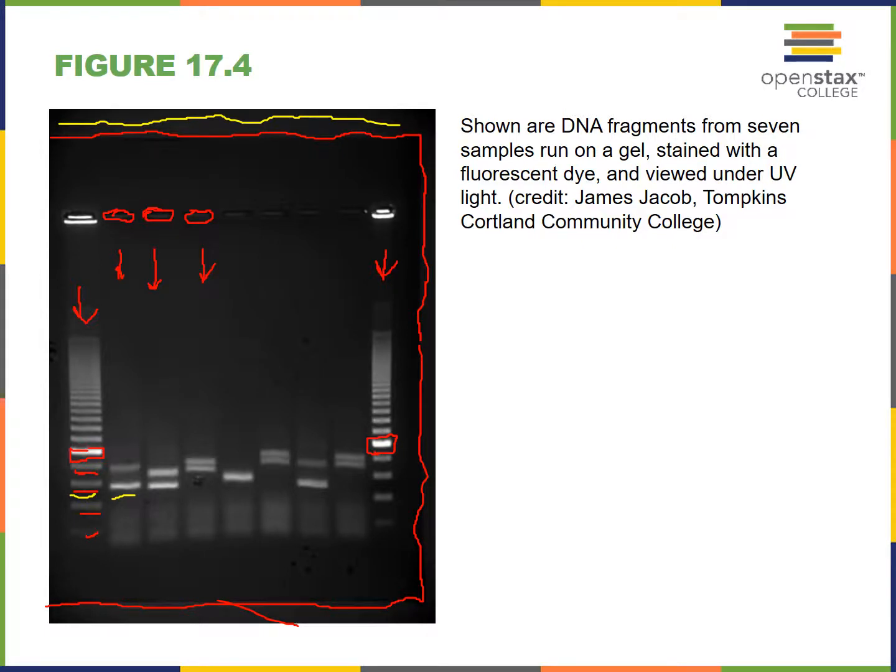So up here, where I've drawn the long yellow line, you would have the negative electrode. And down here, where I've drawn this white line, would be the positive electrode.